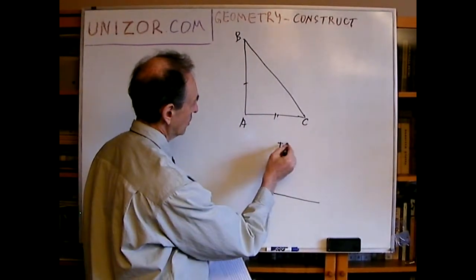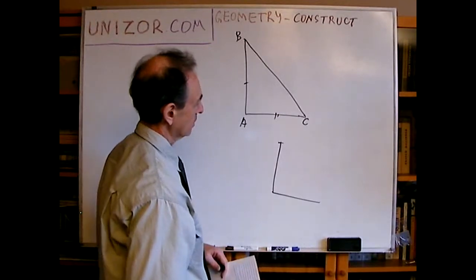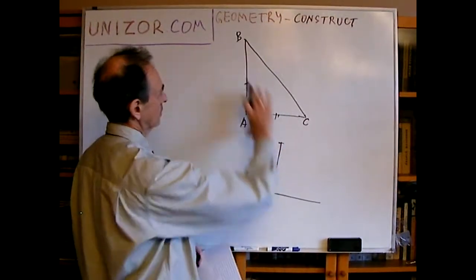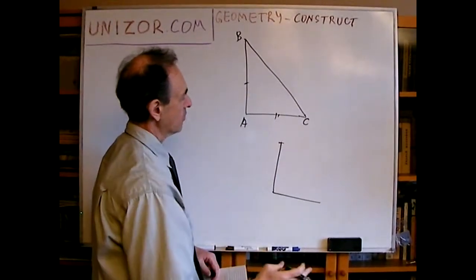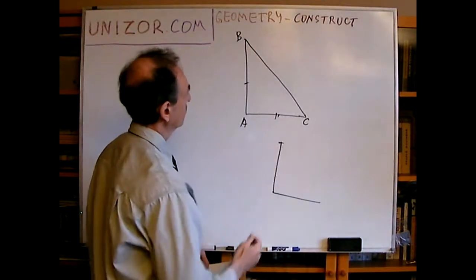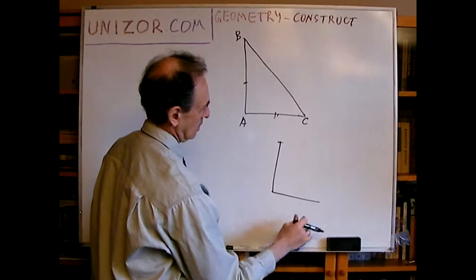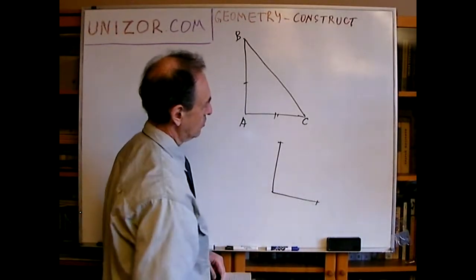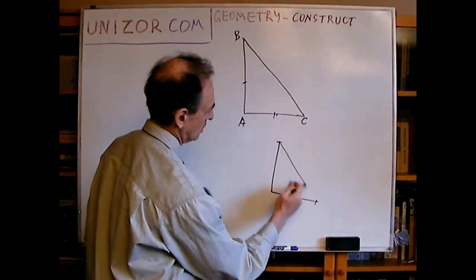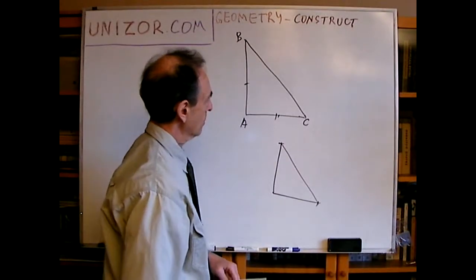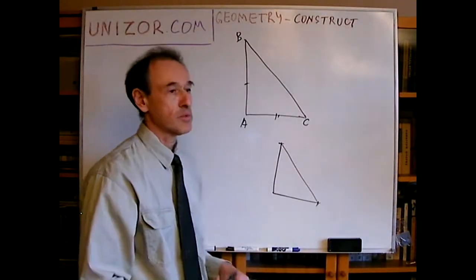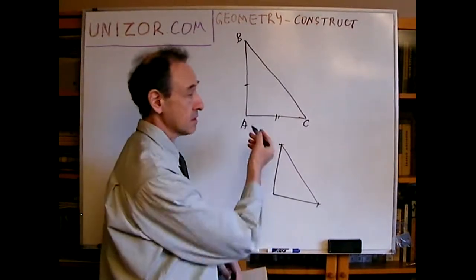Now, on one side of this angle, you basically, using the compass, mark one particular side, and on another angle side, you mark another point, and just connect them. So that's easy, and obviously we are using the fact that this is the right triangle.